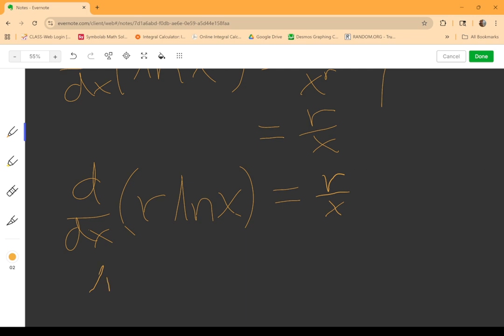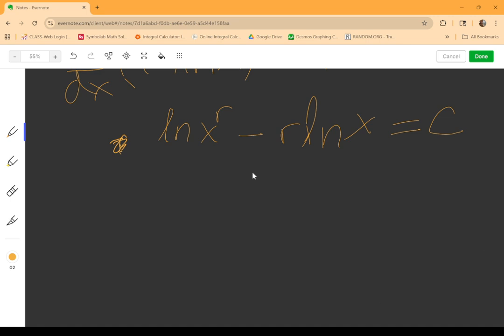That means that the natural log of x to the r minus r natural log of x is equal to c.